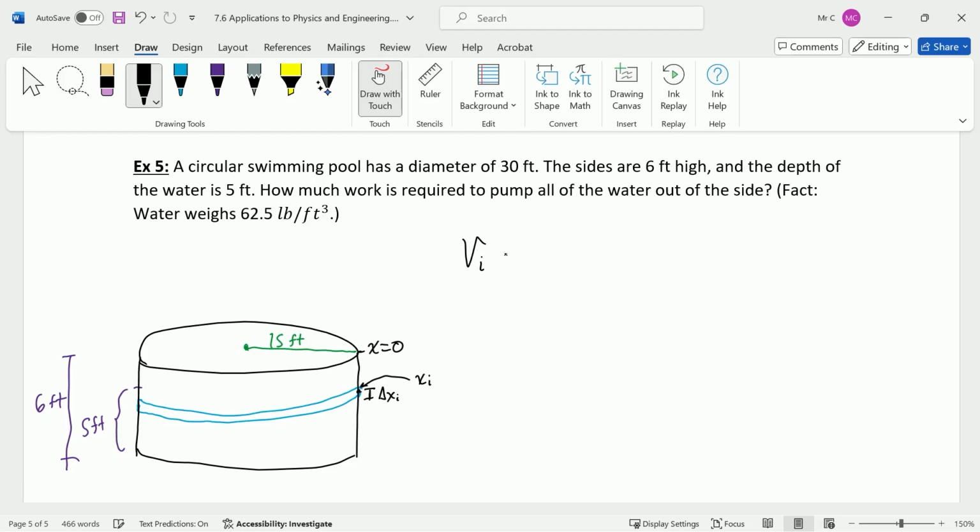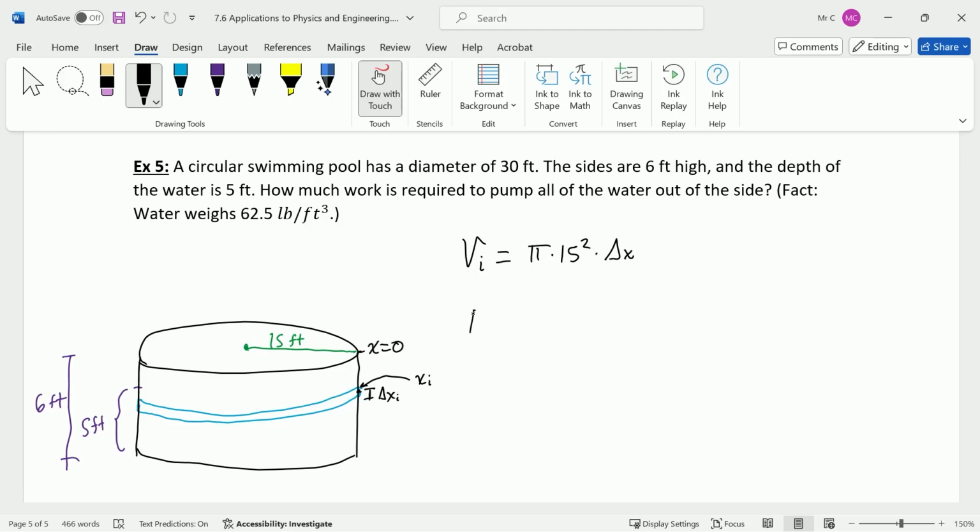So the volume for that sliver is pi r squared, so that's pi times 15 squared times delta x, the thickness, right?